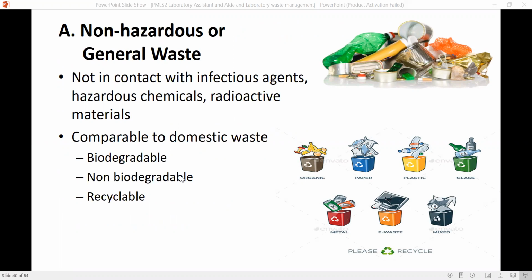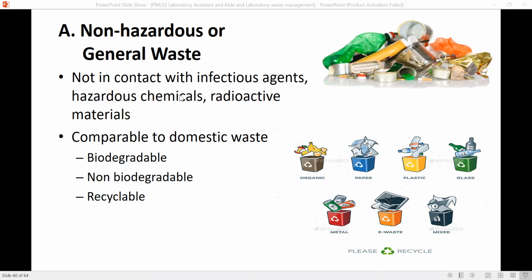Di ba? May mga bisita minsan sa hospital. Right? Okay, so may mga magdadala ng cake, dadala ng fruits, o kaya pagkain ng ating patient. So not in contact with the infectious agent. So that will be classified as non-hazardous or general waste. Comparable to domestic waste, yan yung nakikita natin sa bahay.